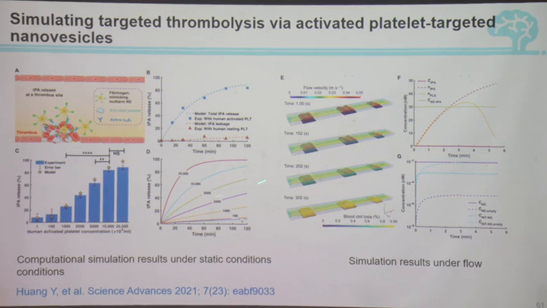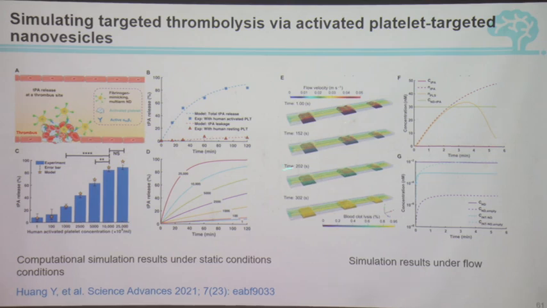So the experiment, in this case, was limited to a microfluidics experiment, so it didn't go into animal studies or human studies. So we made use of the experiment performed in a microfluidic device and then simulated the experiment.